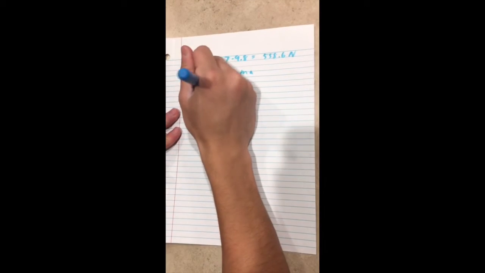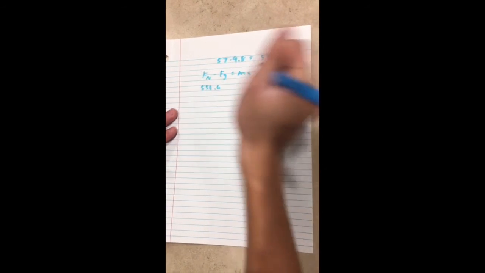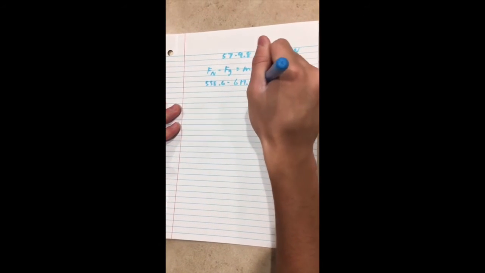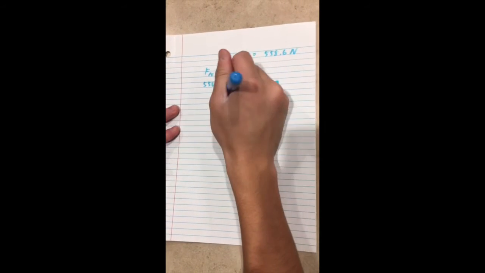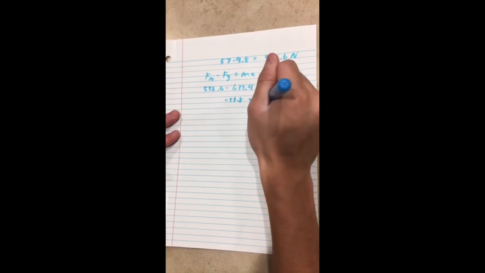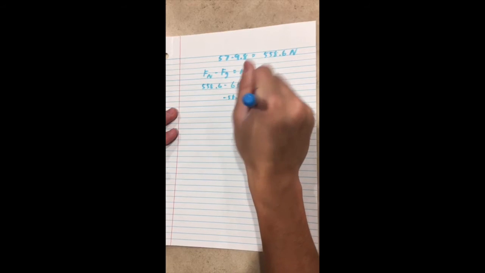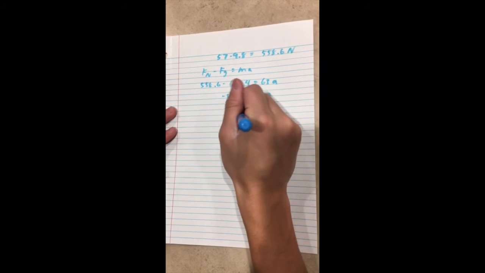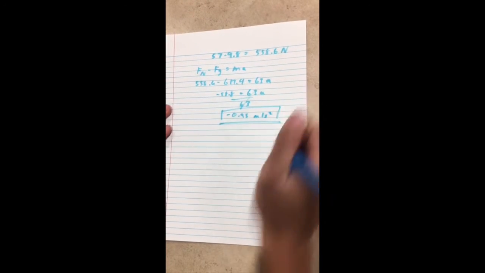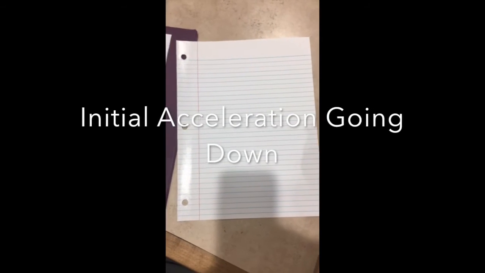So we plug that in, 558.6 minus the 617.4 at rest equals his mass times acceleration. And then that gives you negative 58.8 equals 63A. And you divide by 63 again, and that leaves you with negative 0.93 meters per second squared as the acceleration.